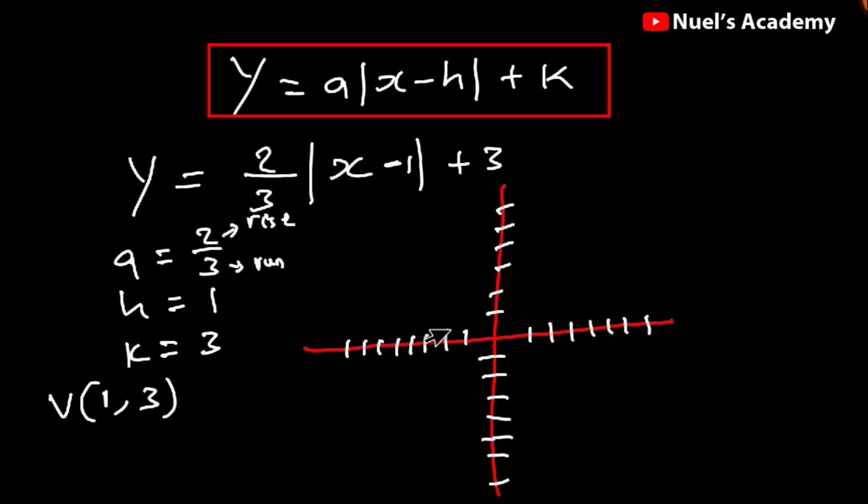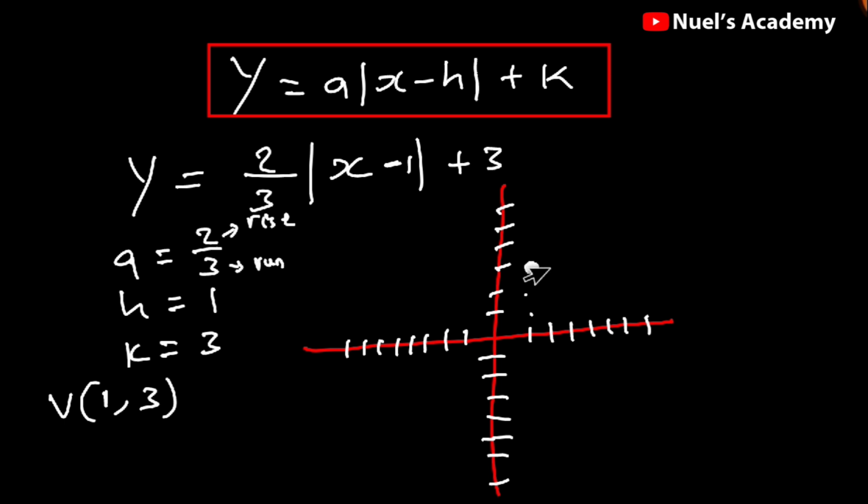So here is our 1, and then when y is 3, we have 1, 2, 3. So this is where it's going to be. And then since this 2/3 is positive, the graph is going to open upwards. So we have rise over run. We move 3 to the right, 2 up, 3 to the left, 2 up.